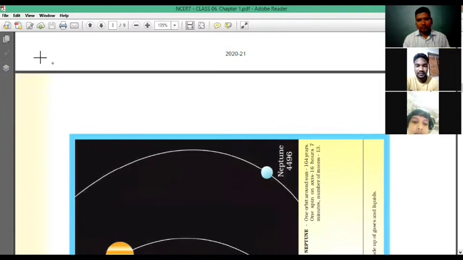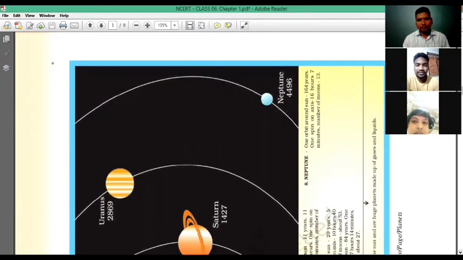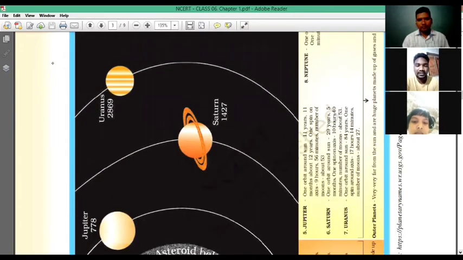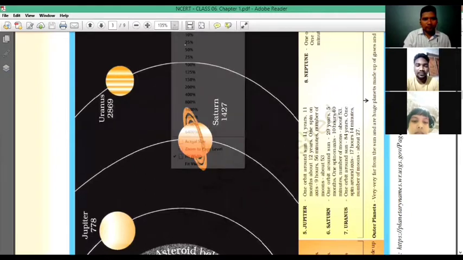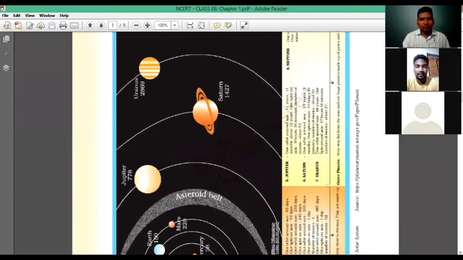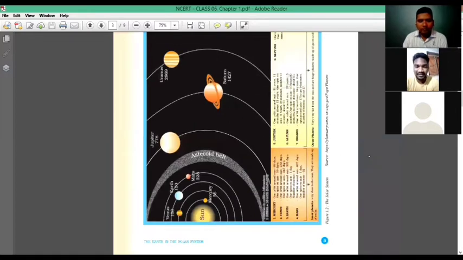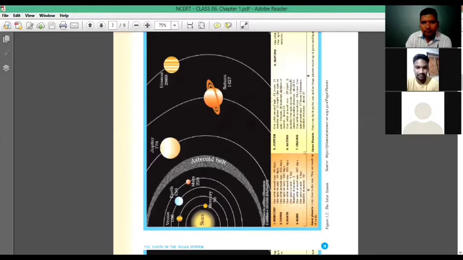Yes, this one. So I want everyone to see this picture and relate it to what I am talking about. The Sun is in the middle of the solar system, and there are axes for all the planets where they move around the Sun.